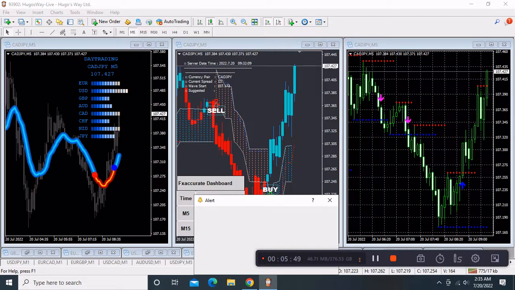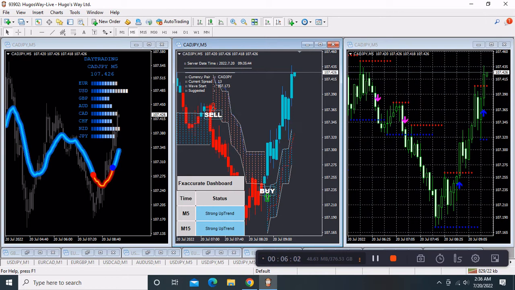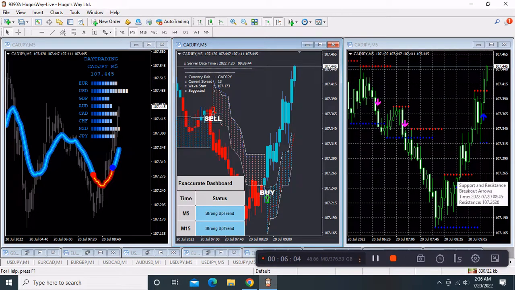As long as you are drawing your support and resistance correctly, they will always match up with this particular indicator, which will help you know that you're doing things correctly. So that's what these three indicators are.